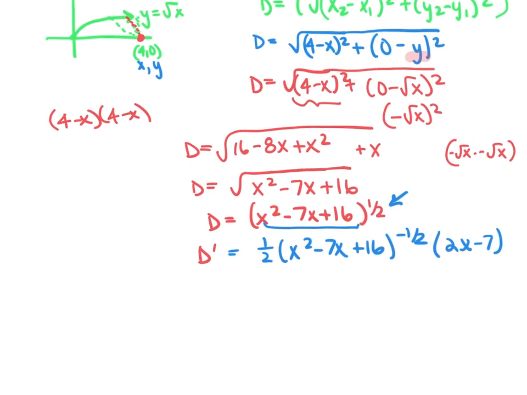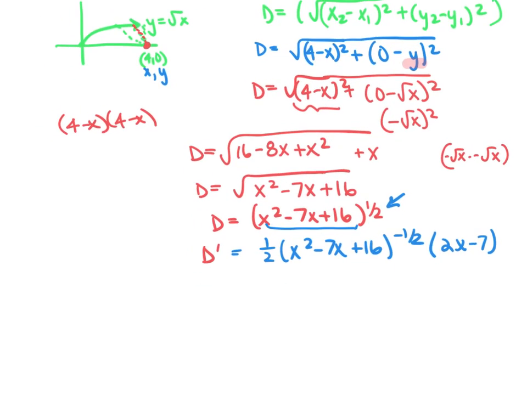To clean this up a little bit, I'm going to write this as a positive rational exponent. So this is going to be a 1 on the top. Everything that's attached to it in the parentheses will go on the bottom. And then that 2x minus 7 is on the top. The reason I'm doing this is because, remember, I'm setting this equal to 0.